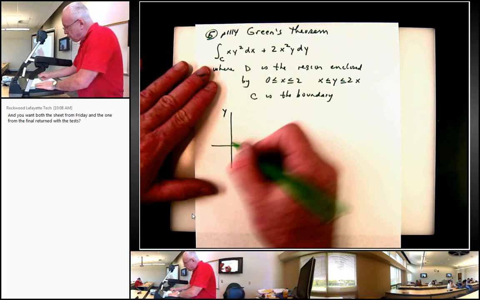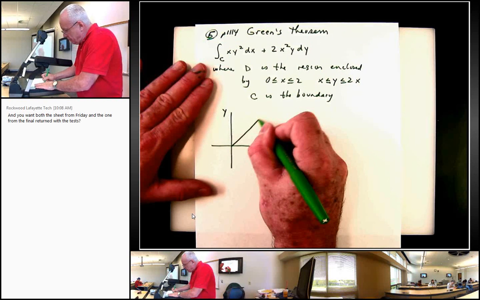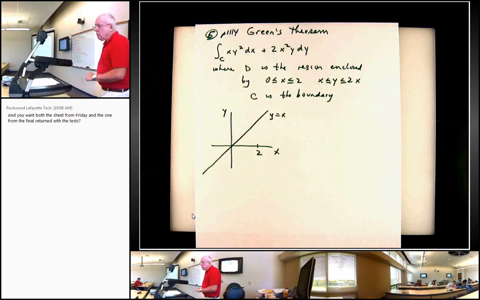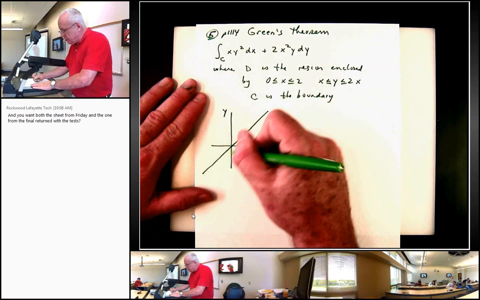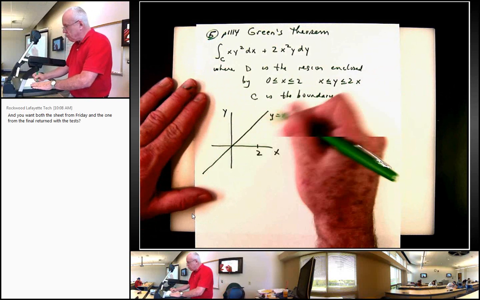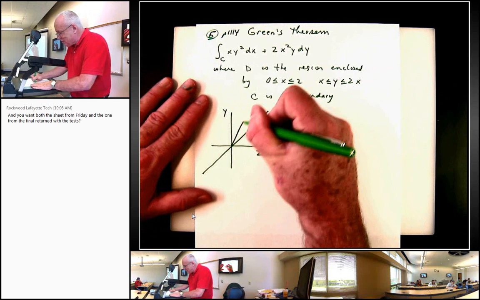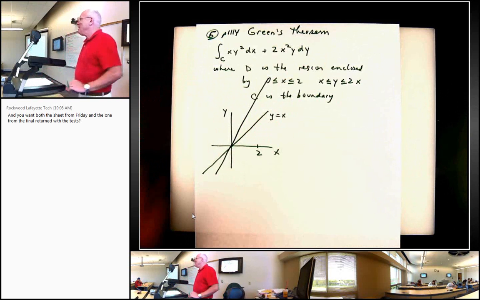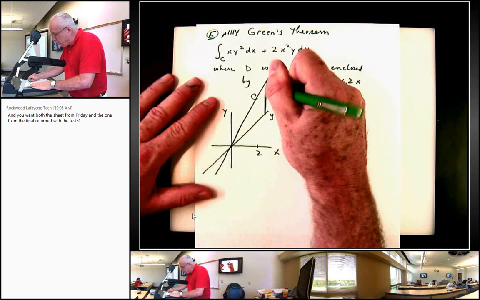So let's draw the line y equals x. Okay, this is the line y equals x. And then above that we have y equals 2x, which is going to look like this. And then x goes from 0 to 2.